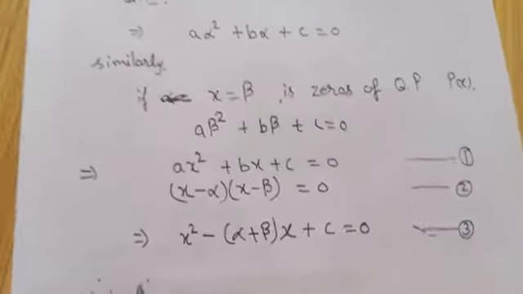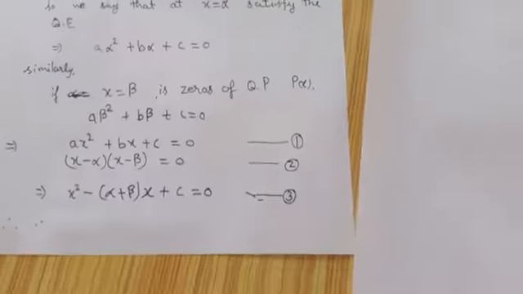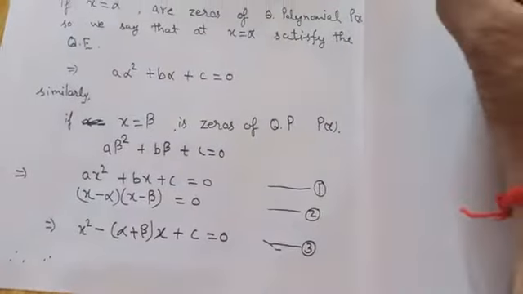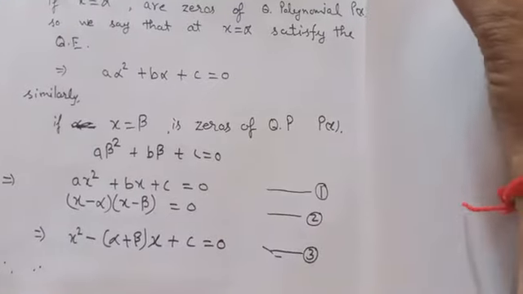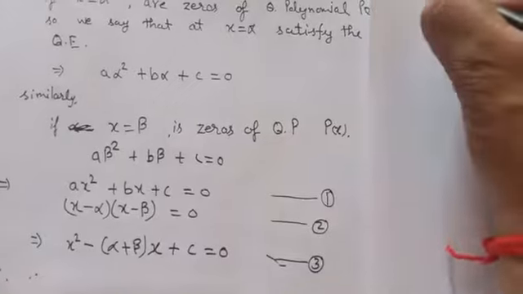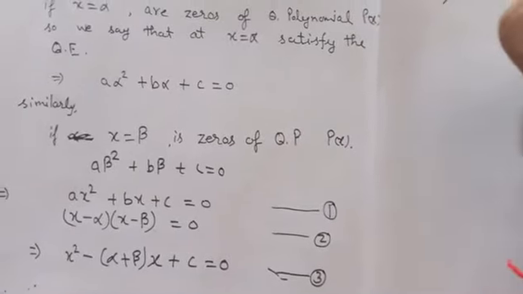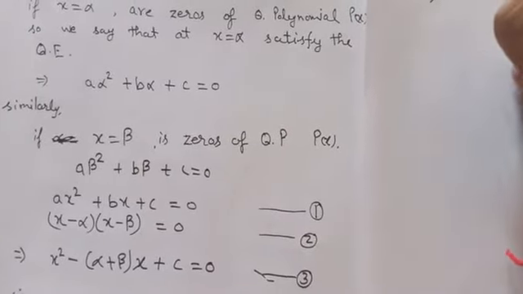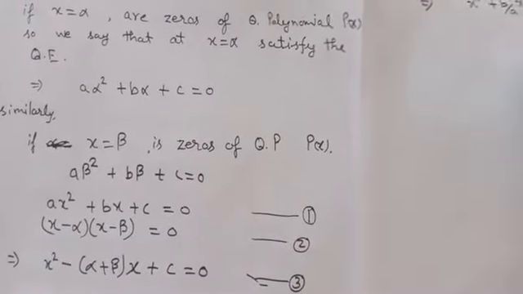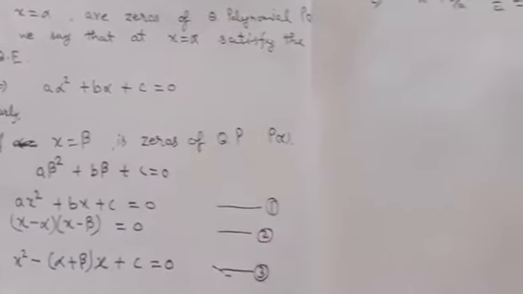Coming to another page, we can write ax square plus bx plus c in the form of x square plus b by a x plus c by a is equal to 0.